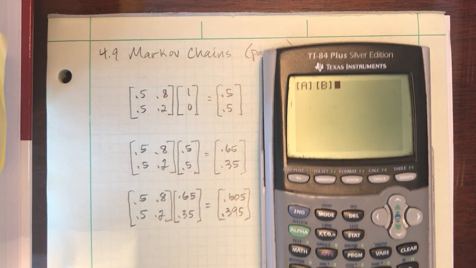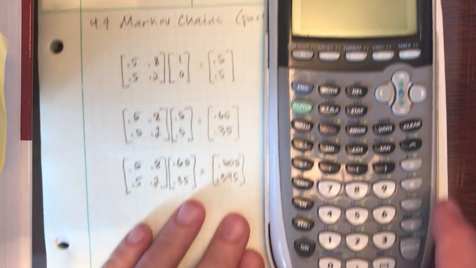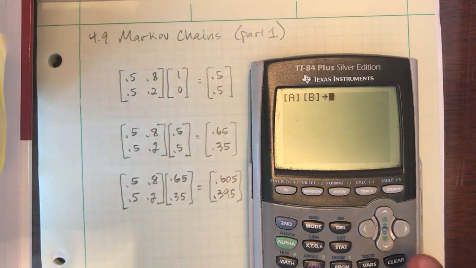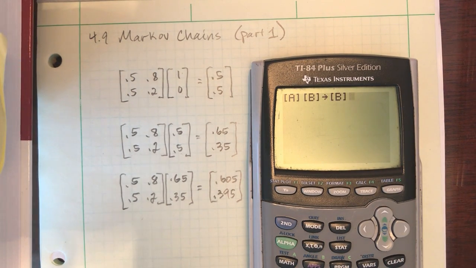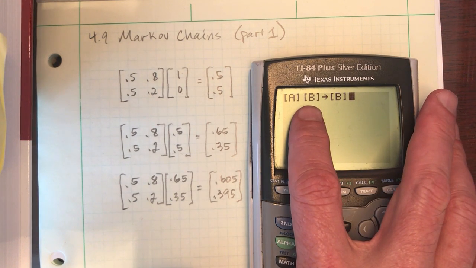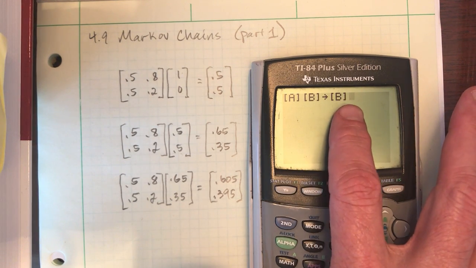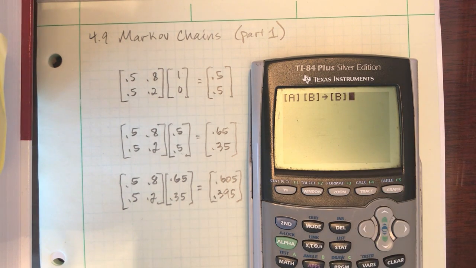My store button is down here next to the 1. Hit that once, a small arrow pops up, and I want you to go grab matrix B again. What we're asking our calculator to do is to multiply a matrix times a vector, and what that answer is, my new B vector.